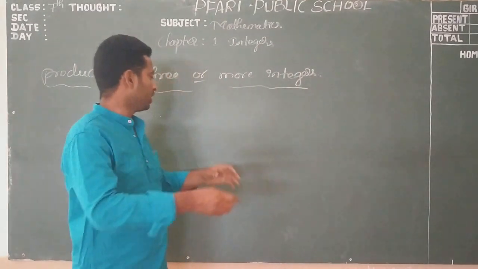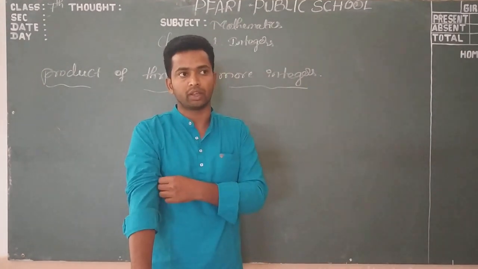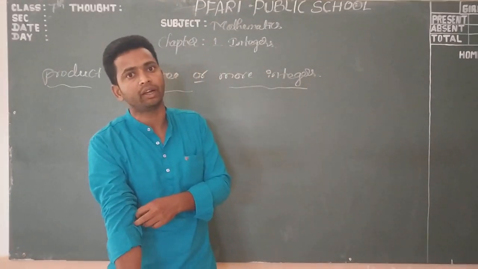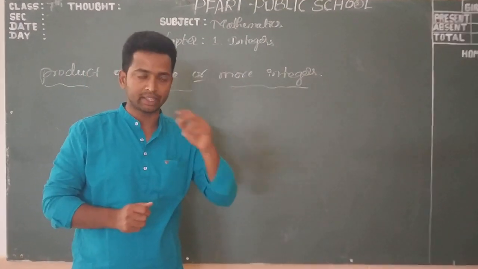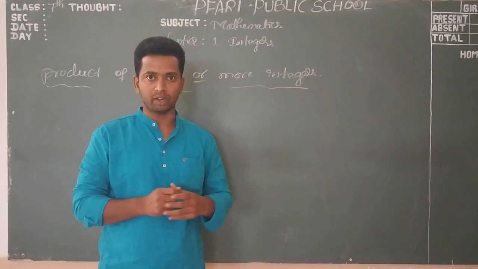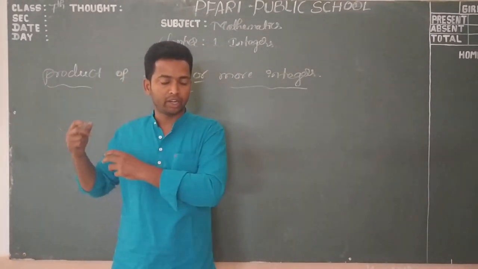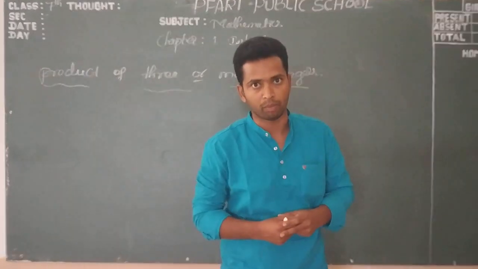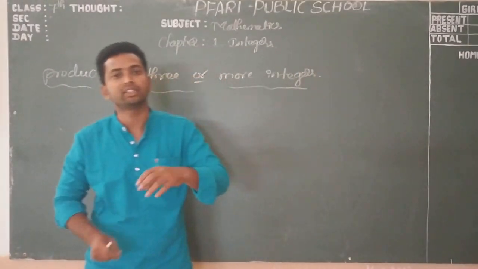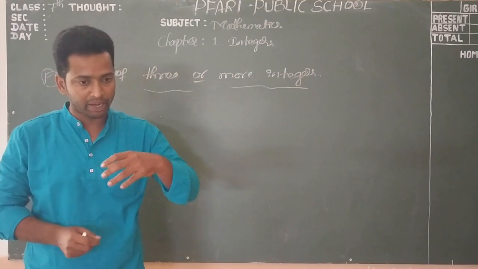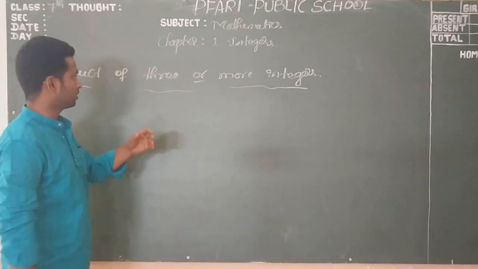We can take the product of their whole numbers, but we place the sign depending upon whether the number of integers is even or odd. Depending upon that, we place the sign.